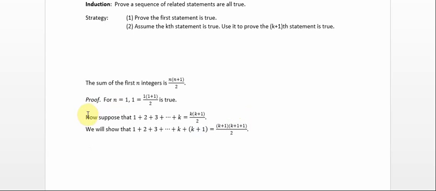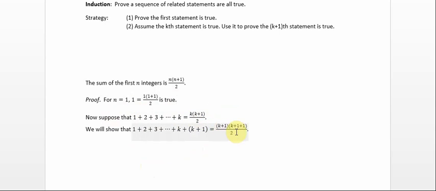Because if we can do that, then we are showing how the kth statement can be used to get the k plus first statement. Let me just follow that logic through. Since we already did the first one, and the first one is true, the second one is true. And since the second one is true, the third one is true. And since the third one is true, the fourth one is true, and so on.